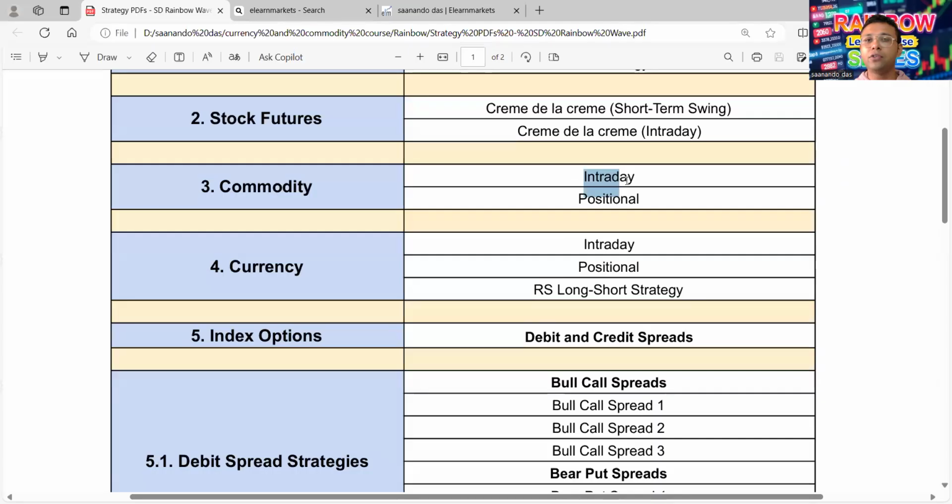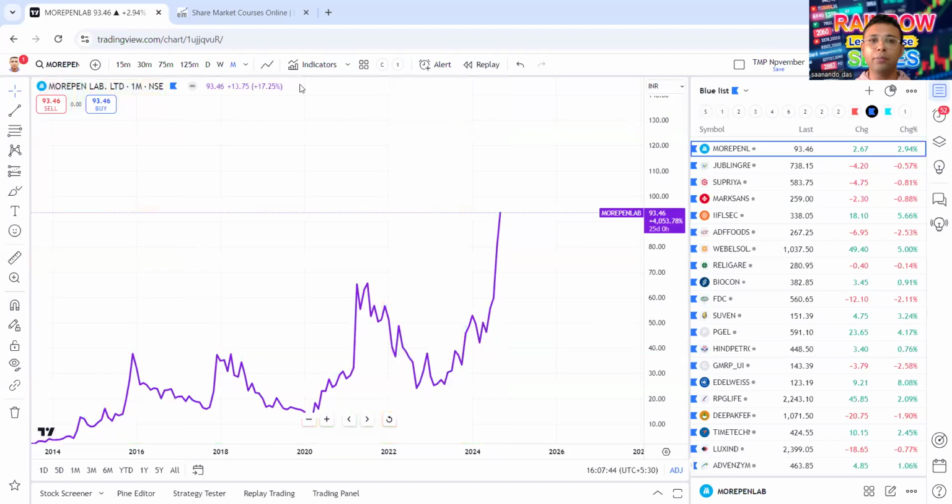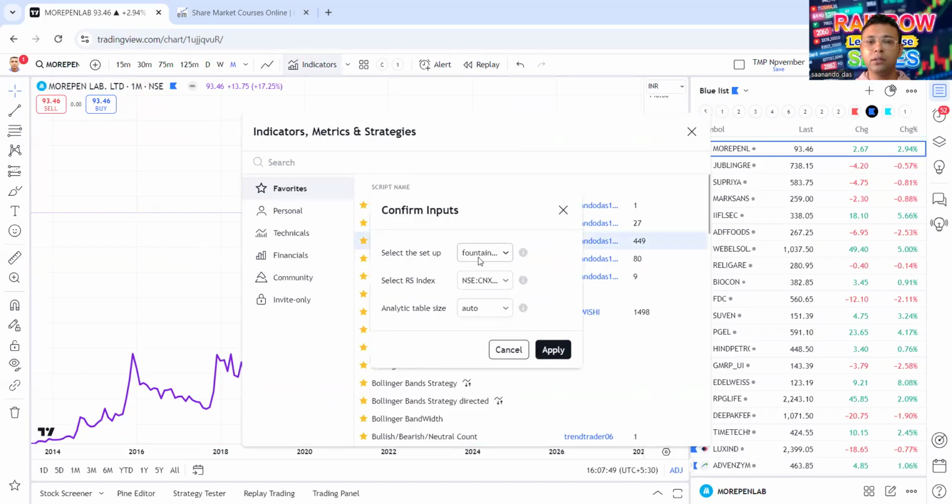Next we have commodity intraday and positional. कमोडिटी पोजिशनल ट्रेडिंग के लिए हम लोग एसडी रेनबो एसेट मास्टर, लेट्स गो फ्रॉम बिगिनिंग अगेन, इंडिकेटर्स एसडी रेनबो वेब वर्जन 1. अंडर दैट सिलेक्ट कमोडिटी एंड अप्लाई.